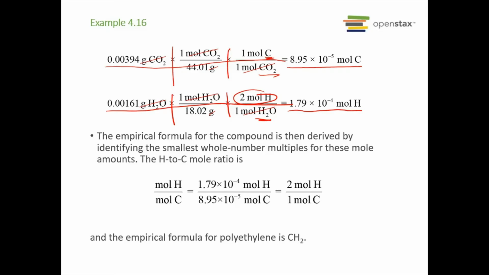And what you find when you divide both of these by 8.95 times 10 to the negative 5th, remember, 10 to the negative 5 is less than 10 to the negative 4, is that carbon's 1, hydrogen is 2. So the empirical formula for polyethylene is CH2.